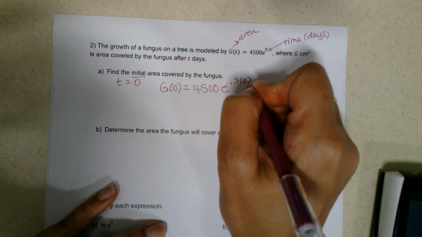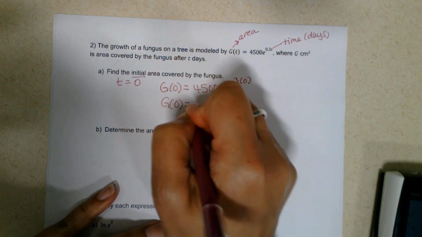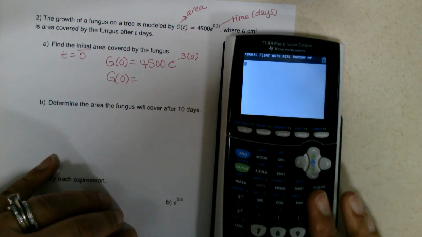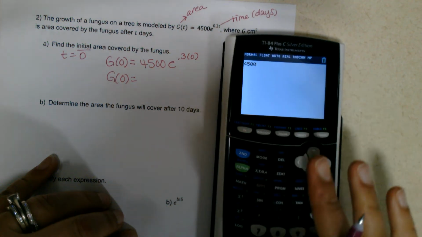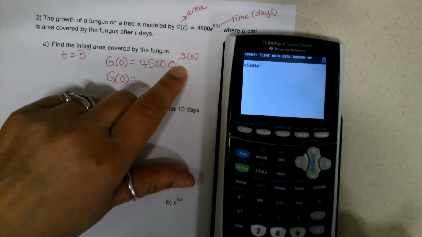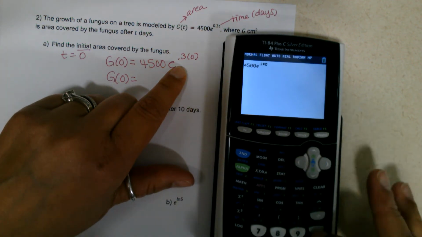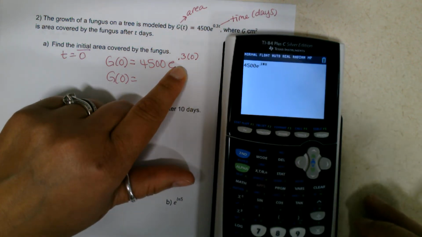0.3 times 0. And we're going to put this side into our calculator and see what we get. So 4500, second natural log, e to the 0.3, and we can do times 0. There we go. That's it.